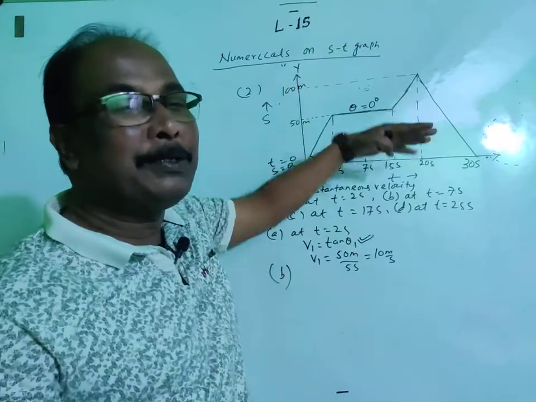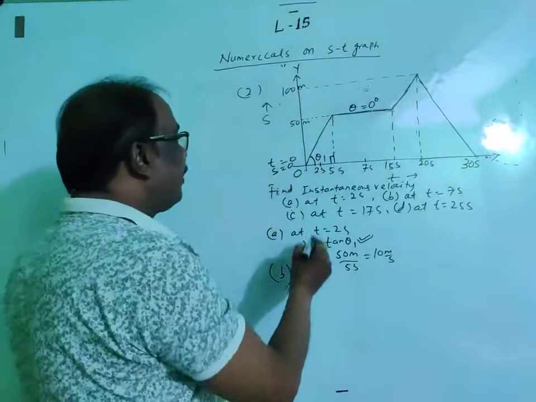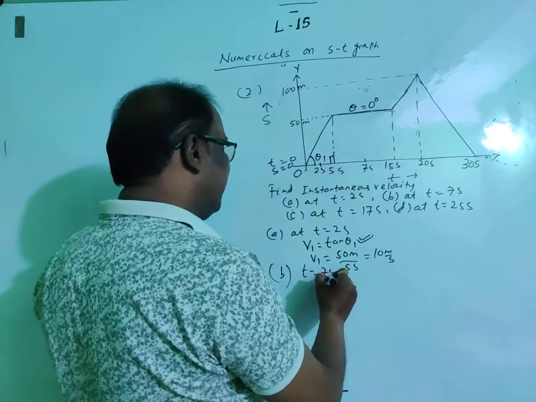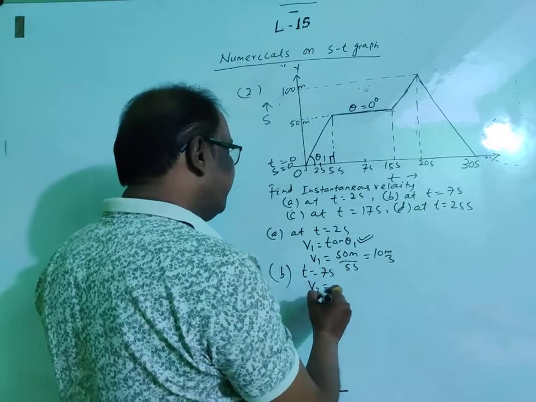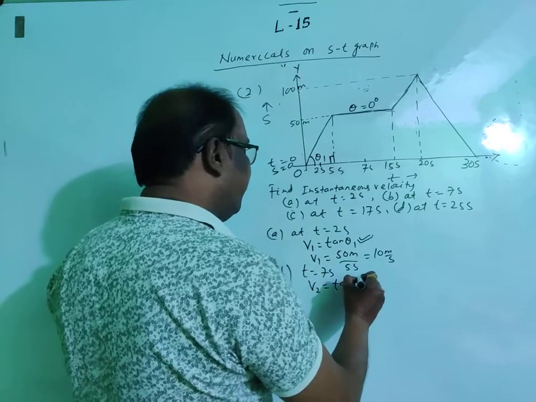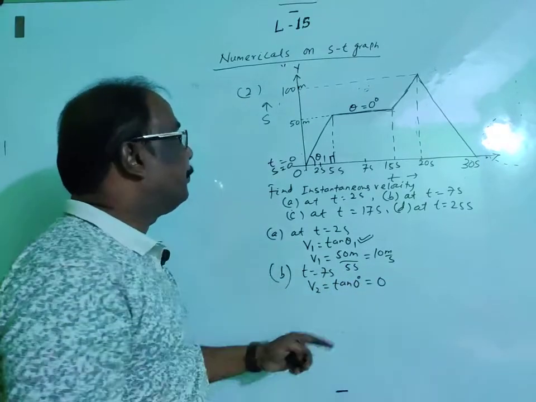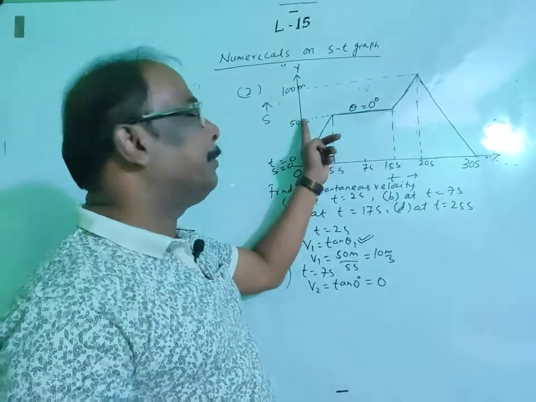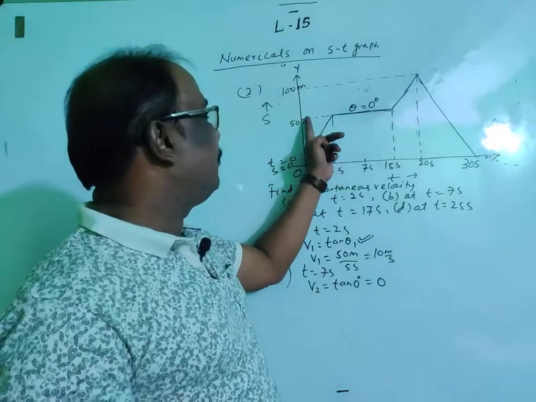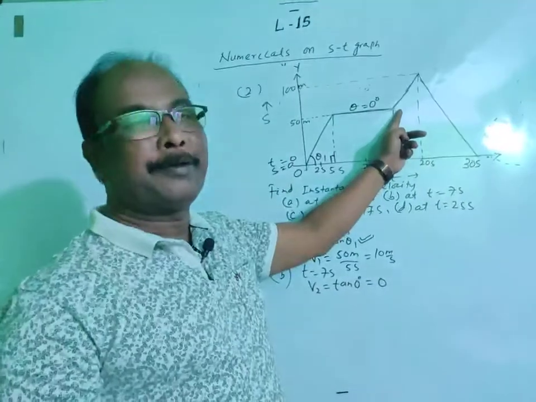Parallel to the time axis, so theta is 0 degrees. And at t equal to 7 seconds, if we take velocity v2, then v2 is tan 0 degrees, that equals 0. Means here the body is at a given position at a distance of 50 meters and the body is at rest.